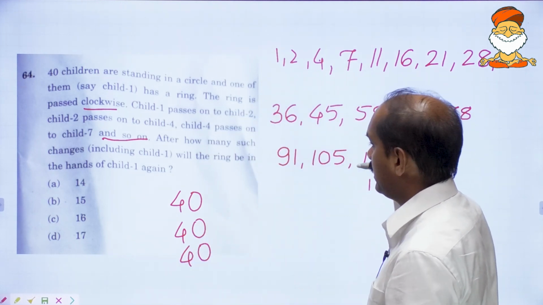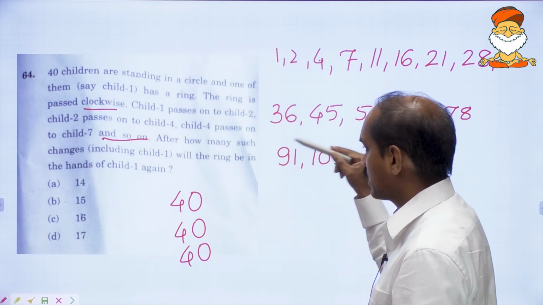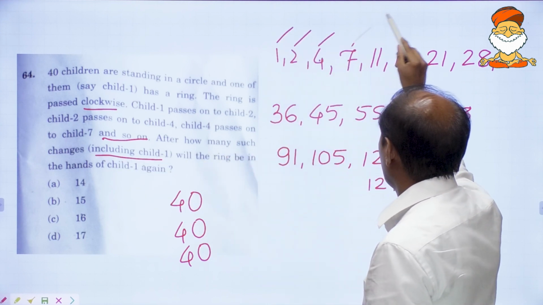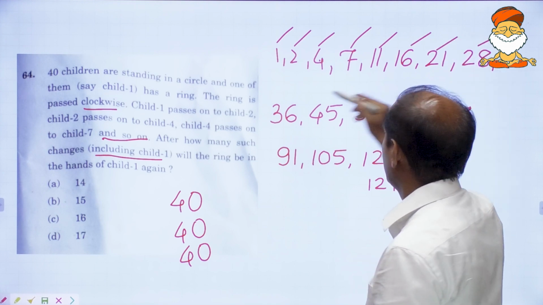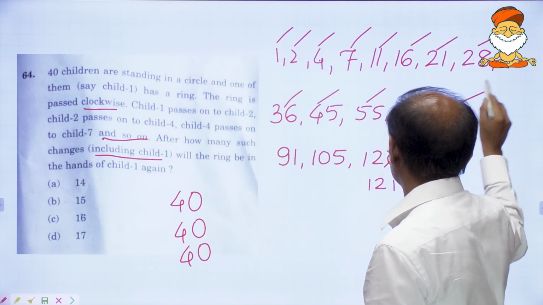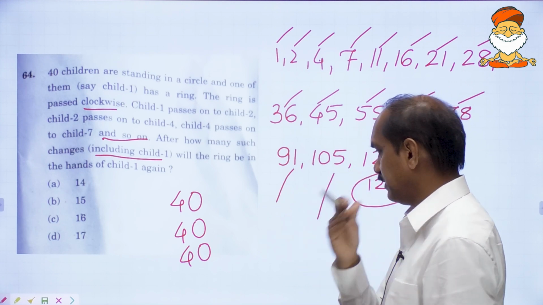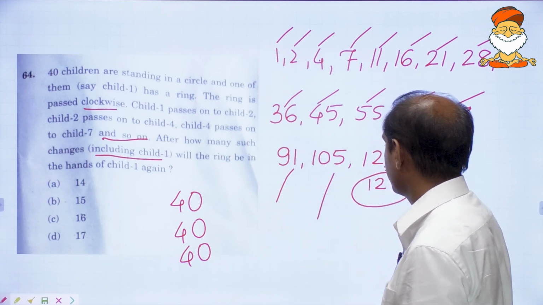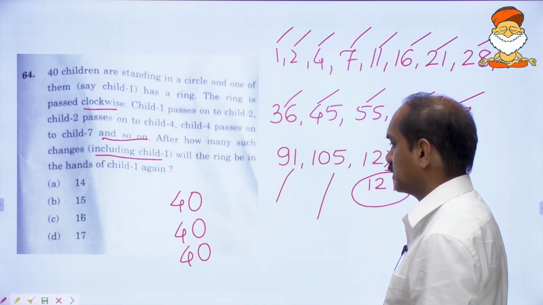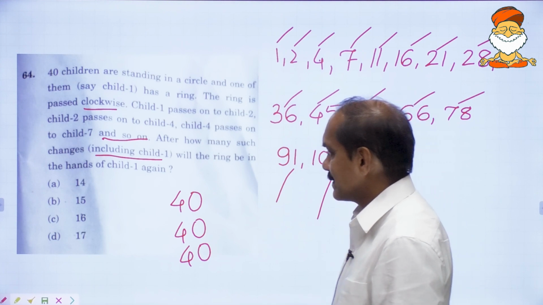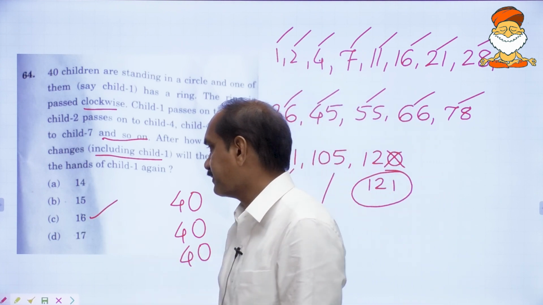And let's see the number of changes including child 1: 1, 2, 3, 4, 5, 6, 7, 8, 9, 10, 11, 12, 13, 14, 15, 16, right? So 16. So the third option, 16, is the correct answer.